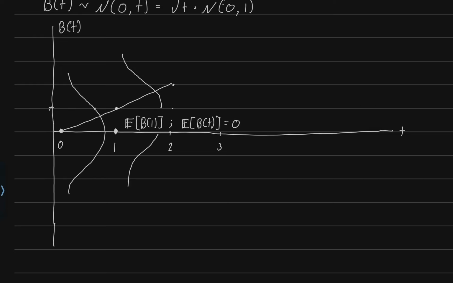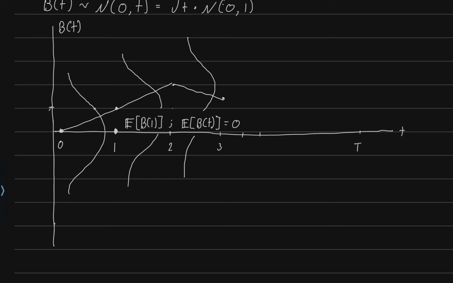And then at 3, I can sample the same normal distribution with the same exact variance, and let's say I get this point over here. And I can repeat this process indefinitely until I get to a final stopping time.